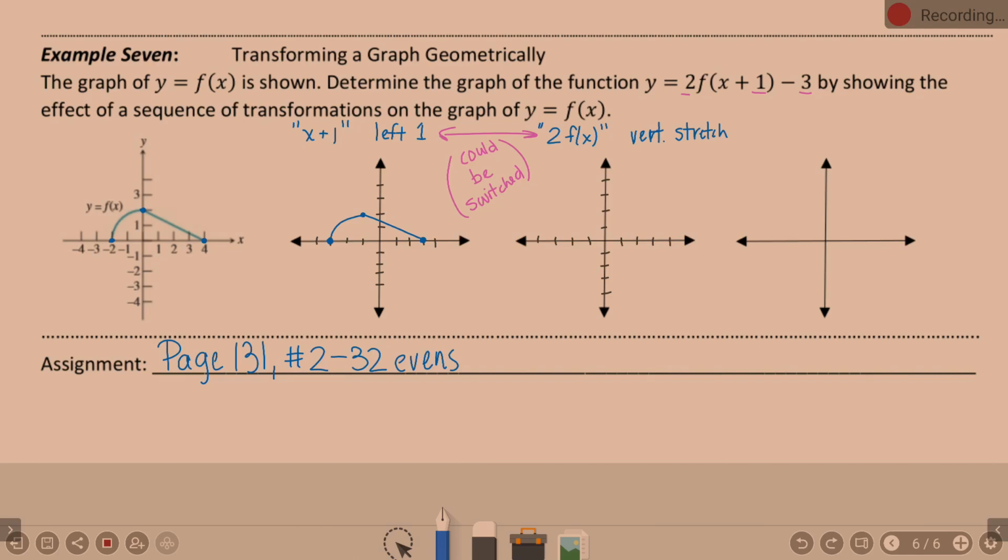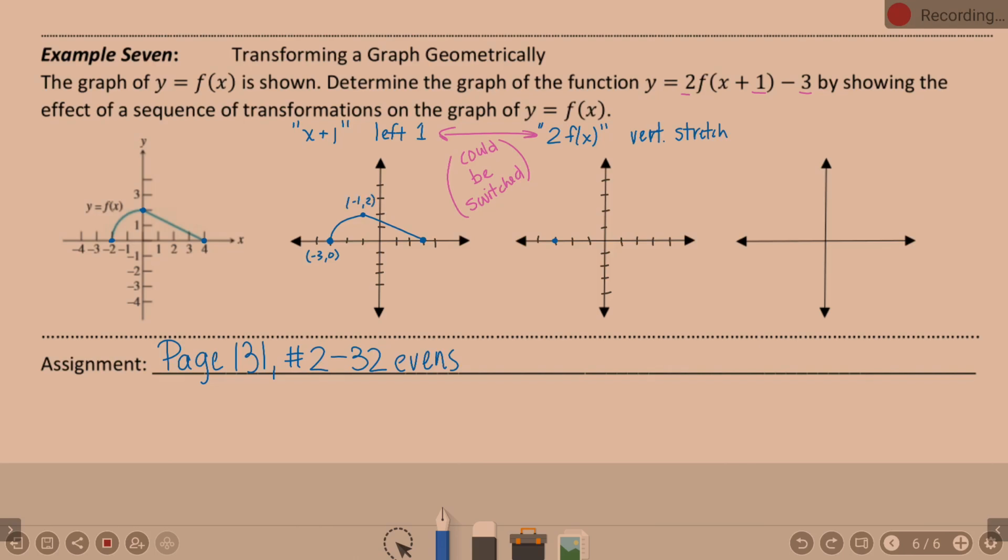Now, on my last graph, I was at -3, 0. My y value on -3, 0 is 0. When you multiply 0 by 2, it's still 0. Now, this point is at -1, 2.